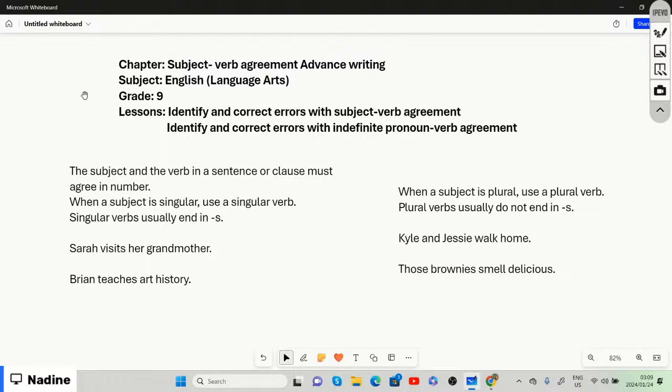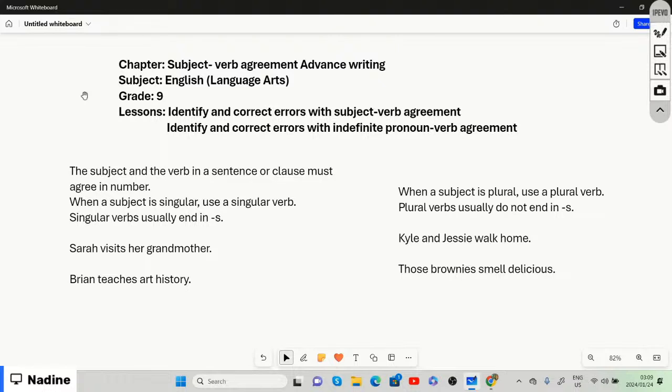So the subject and the verb within a sentence or clause need to agree in number. Both the subject as well as the verb in a sentence or clause must agree in number.